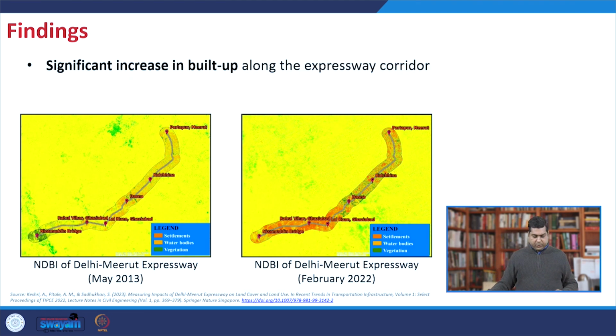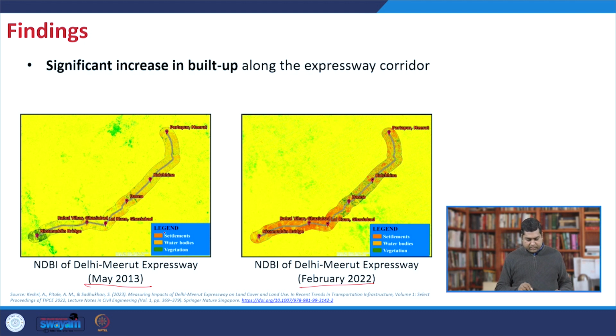Now, findings: you can see there are before and after situations. This is May 2013 and this is February 2022, and this is about the built up. You can see all these 6 points, from Nizamuddin Bridge to Meerut, and there are a few other points, and you can see how it changes.